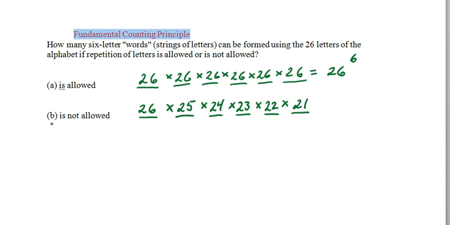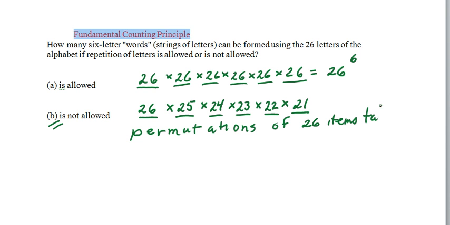Now, in this case, we also call that the number of permutations of 26 items taken 6 at a time.